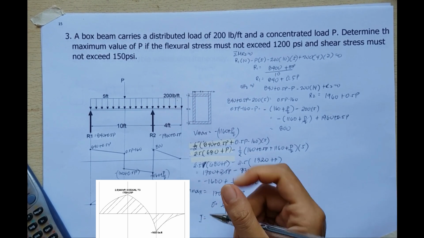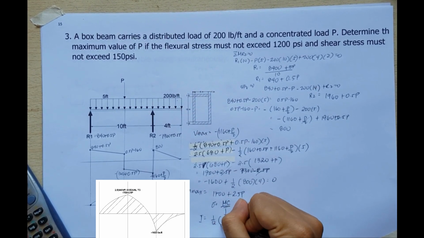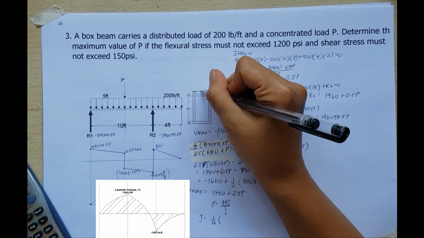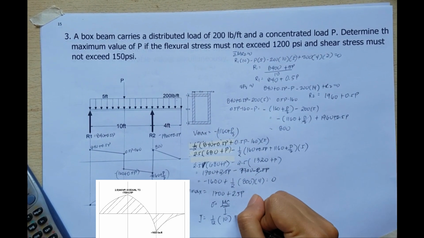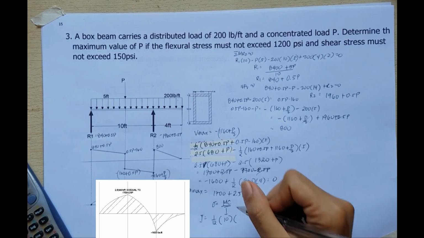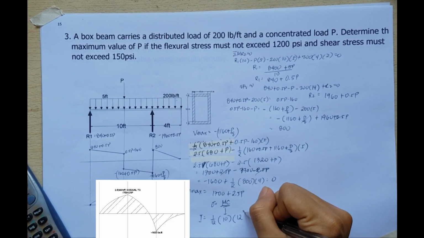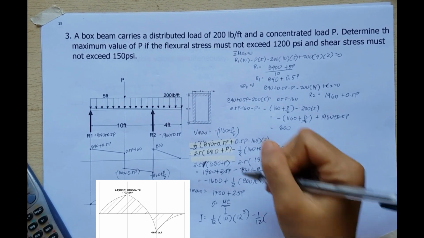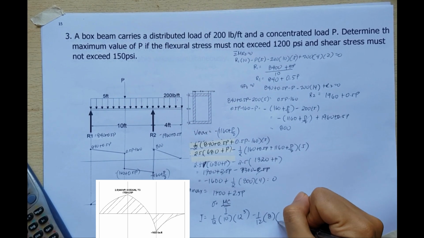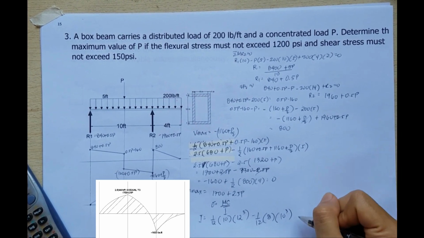So yung I natin is equal to 1 all over 12 of, so this 8, 9, 10. So we have 10. And then the height is 10, 11, 12. So 12 cubed minus 1 all over 12 of 8. Height is 10 cubed.